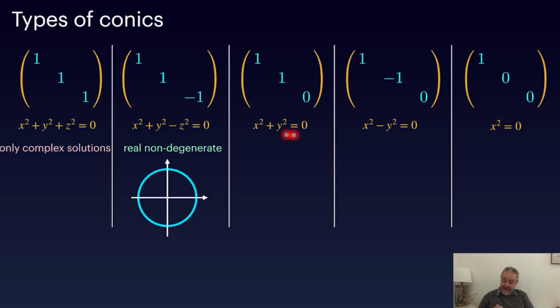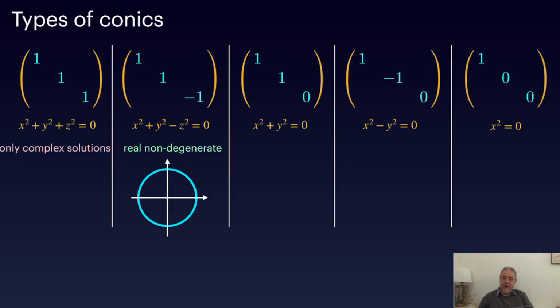Now things get interesting because you get zeros in here, and we enter the realm of degenerate situations. So the first case is something like x squared plus y squared equals 0. And again, you may think, oh, there are no real solutions. As a matter of fact, there is one real solution of that.